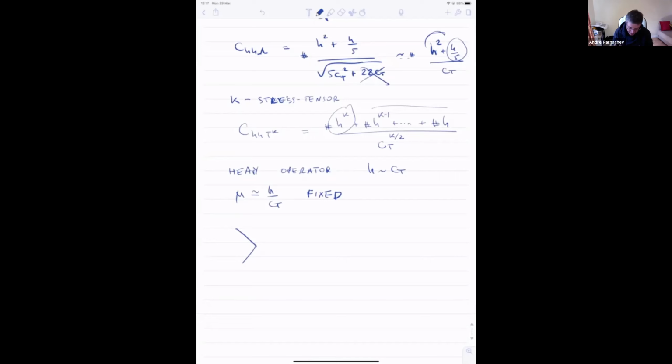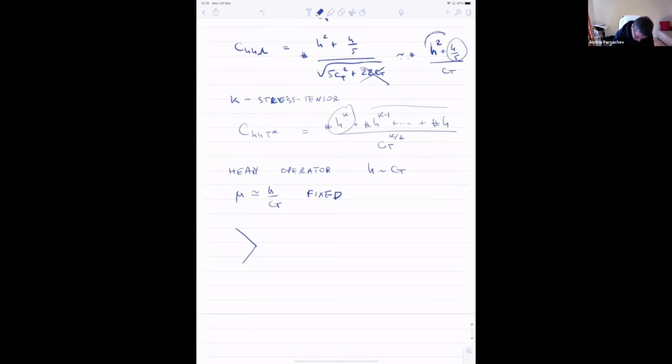But basically, in this limit, these higher order terms in the OPE coefficients are negligible compared to the leading term. So in this aspect, you're right. Okay, and then I can understand the H to the power K by CT to the power K by just successive actions of the T's. Yes, that's correct. Thank you.